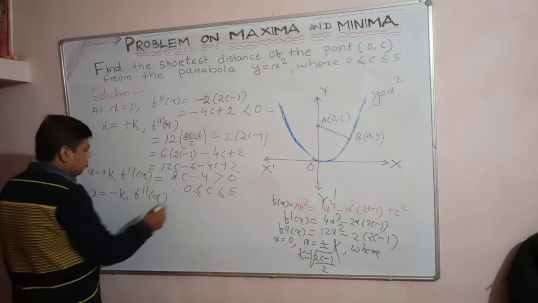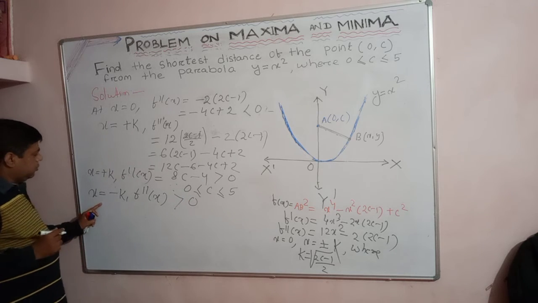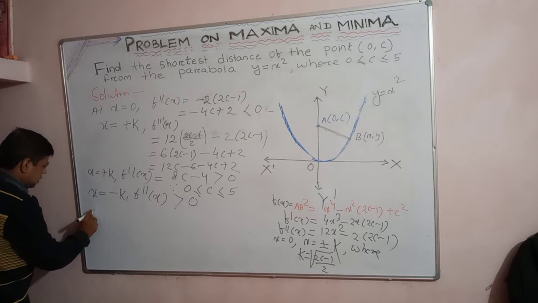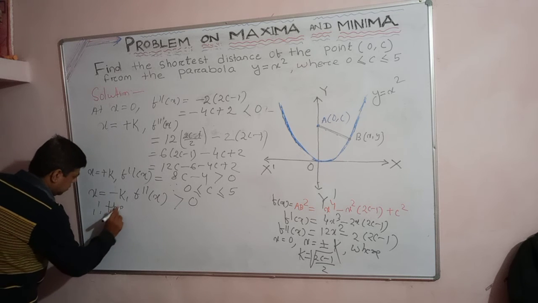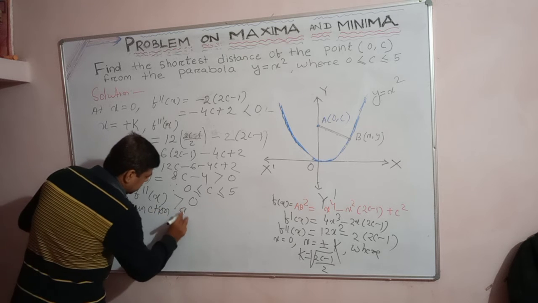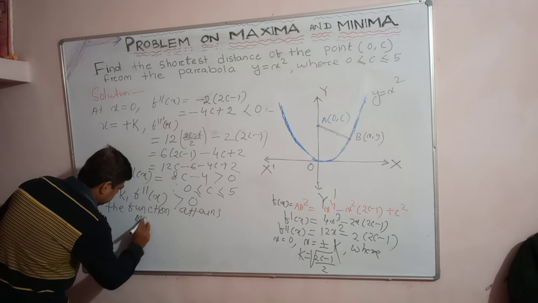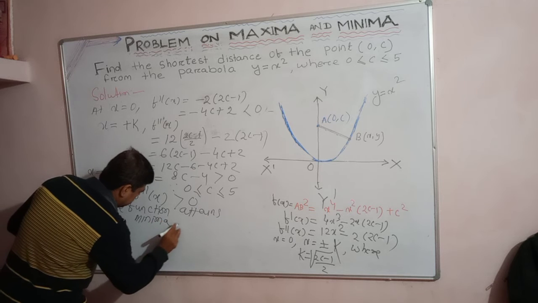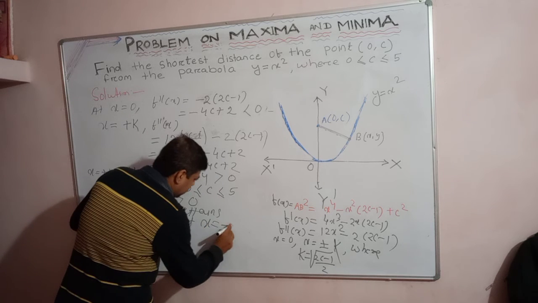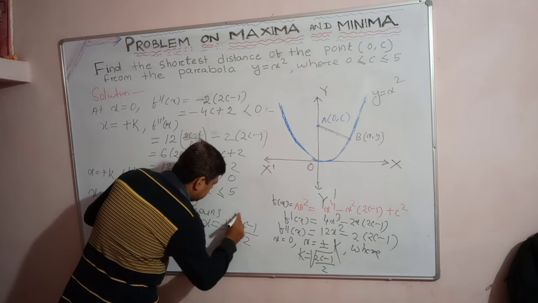This value also will be greater than 0. And here also the function attains minima at x is equal to 0. Hence, the function attains minima at the critical points x is equal to plus minus root of 2c minus 1 by 2.